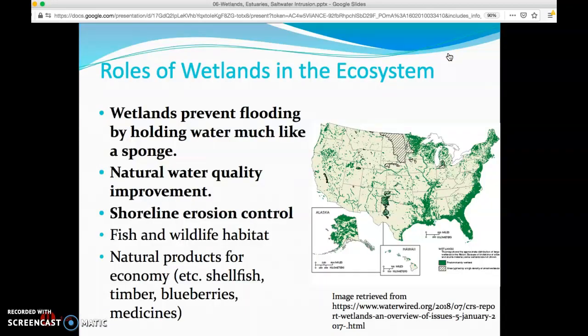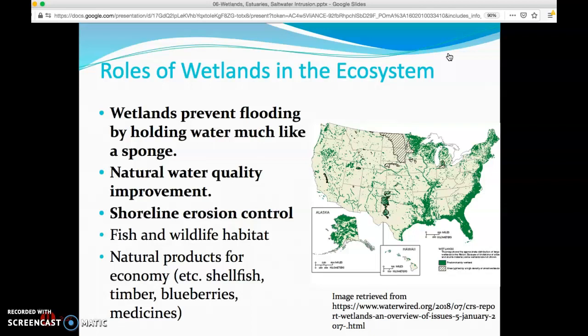So there are some roles of wetlands in the ecosystem. They do a lot of things for us. One of the biggest things, or the most beneficial things for us, is that wetlands actually prevent flooding by holding the water, much like a sponge. So we are going to be doing a lab on Monday, and then possibly we'll repeat the lab on Thursday and Friday just in case so that you can see it, because it's one of my favorites.